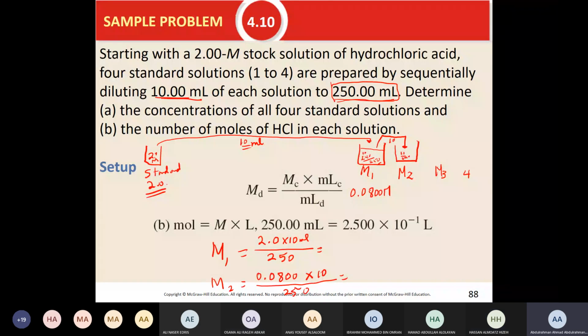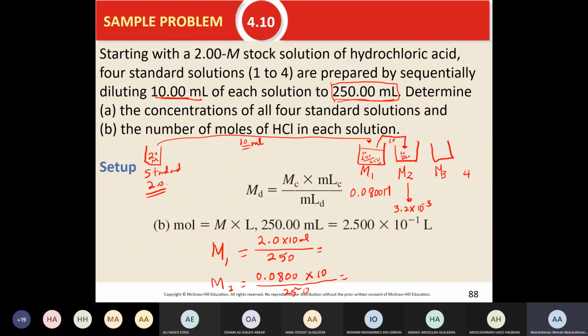Give me an answer. 0.0032. Give me 10 to the power, not like this. 3.2 multiplied with 10 to the power minus 3. Good.